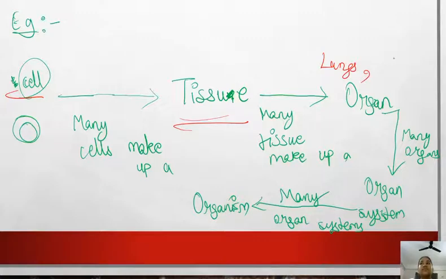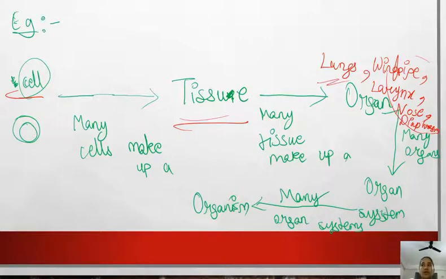Then your windpipe, larynx, nose, then your diaphragm. So these are basically many organs. Okay, so they are formed with many tissues. So if this is your lungs, this is bronchioles and all.